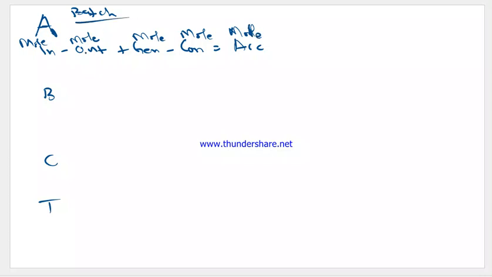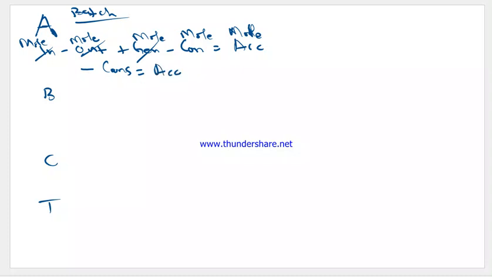Now it is a batch reactor. Nothing goes in, nothing goes out after the start of the reaction. And A is consumed, not generated. Therefore, we have minus consumption is equal to accumulation for A.